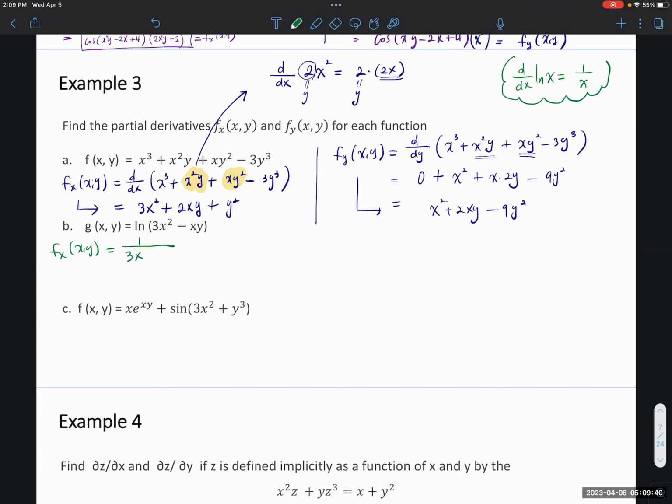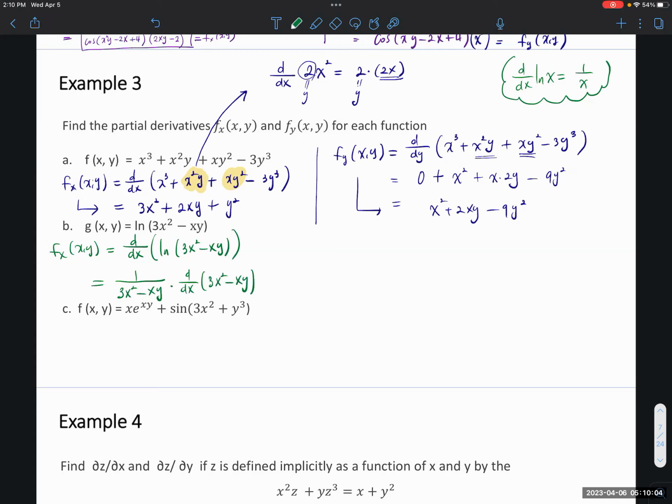I'm going to write d over dx of ln(3x squared minus xy). So the one is 1 over 3x squared minus xy, and you need to take the differentiation inside, 3x squared minus xy.